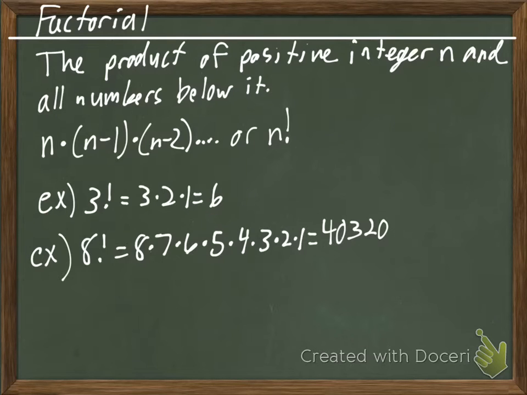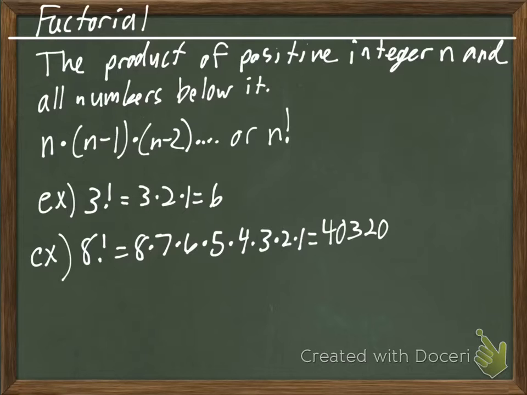So first thing we need to talk about is what is a factorial, because we're going to have to use factorials with our permutations and then our combinations. So the definition we're going to use for a factorial is the product of positive integer n and all the numbers below it. So we're going to look at a number, and then we're going to multiply all the numbers below it that are positive integers.